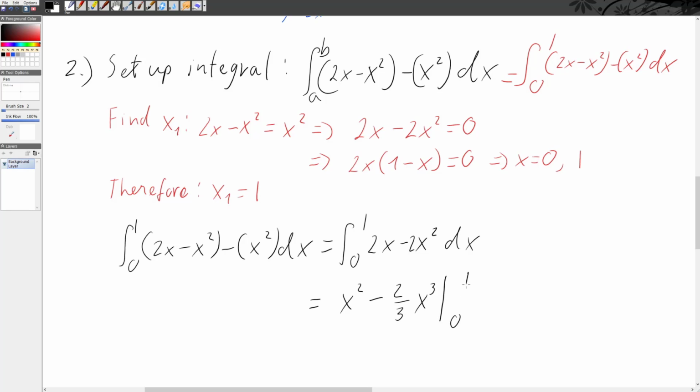And we are going to evaluate this from 0 to 1. Plug in 1. If we plug in 0, we don't get anything, so we just leave that alone. 1 minus 2/3 is going to be 1/3. And that is going to be the solution.